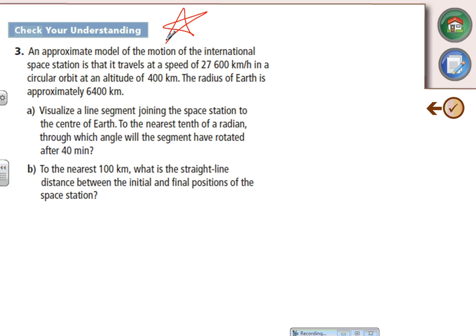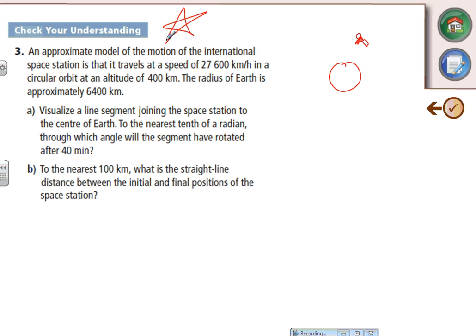So let's look. An approximate model of a motion of International Space Station travels at that speed, and altitude is that, radius is that. Visualize a line segment joining the space station to the center of the Earth. So let's draw this. As soon as you've got a problem solving, let's draw it. There's the Earth. There's the space station. Look how beautiful this looks. Let's put some solar panels on there.